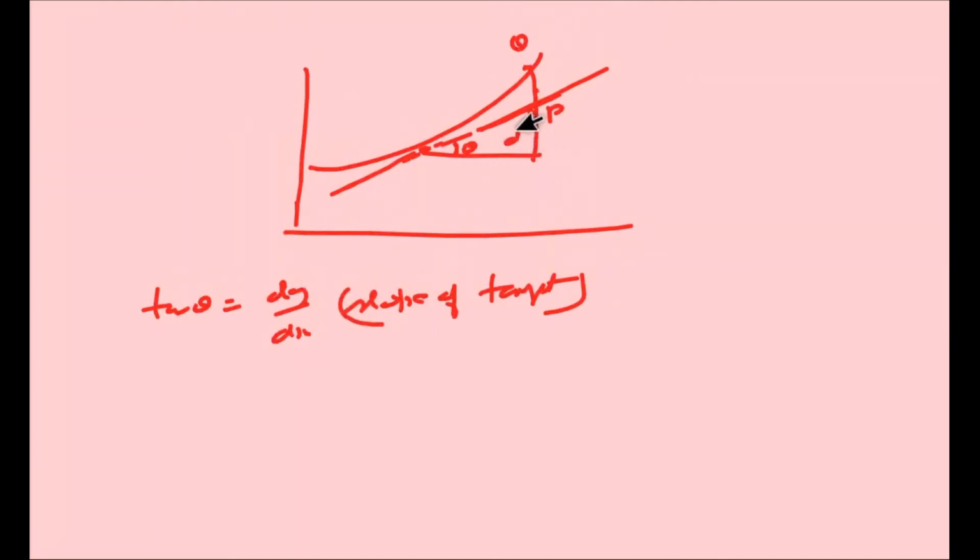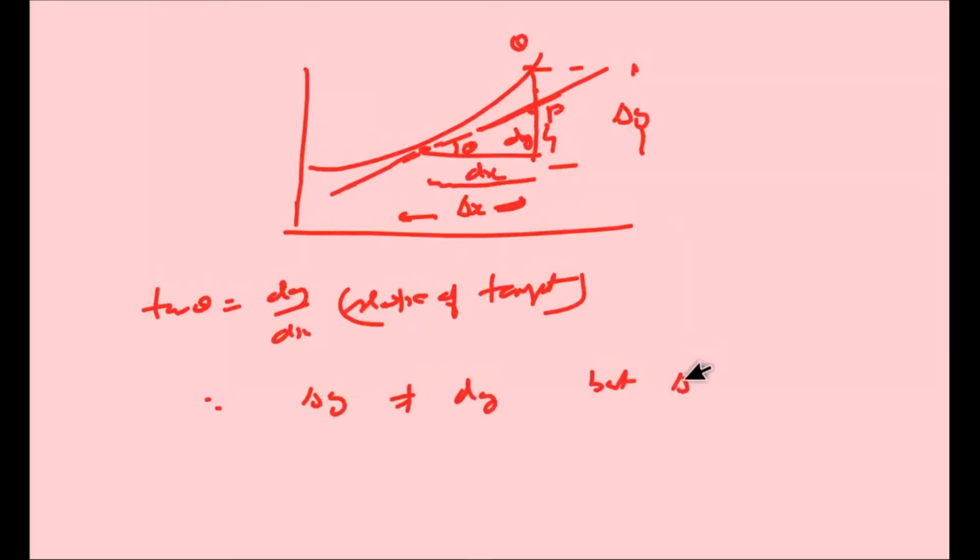Here we can say it is dy, and it is dx. So tan theta is the perpendicular over this one, which is dx. Now in this triangle we can see delta y and delta x. So we can say here delta y is not equal to dy, but delta x is equal to dx.